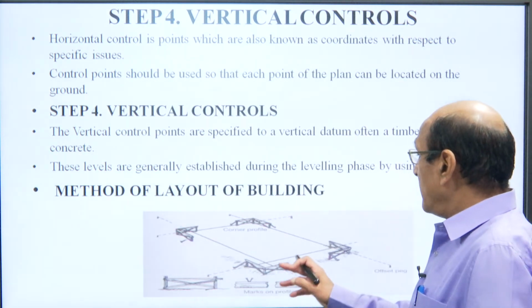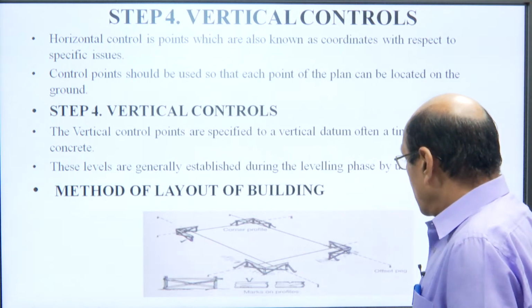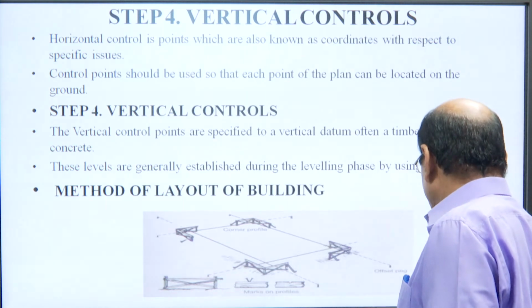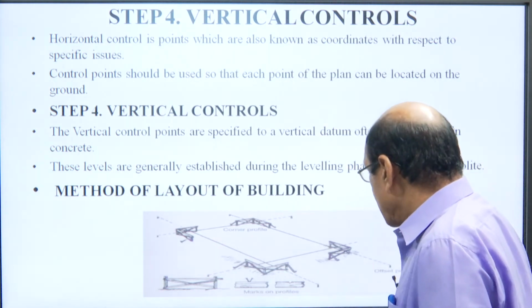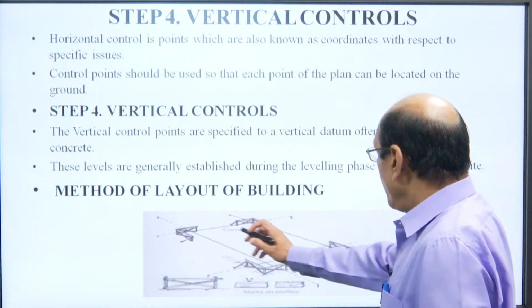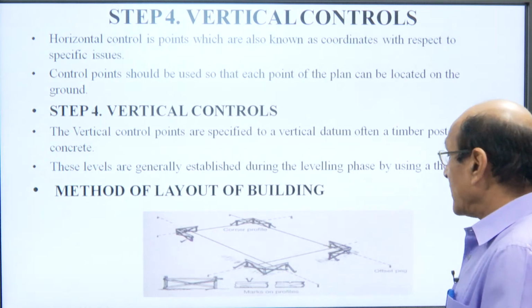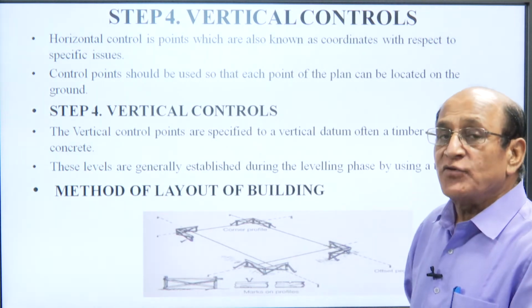The method of layout of the buildings. So, these are the corner profiles, offset marks on the profiles, etc. So, we can mark the whole thing on the ground by different survey instruments.